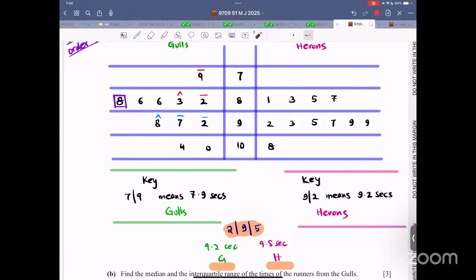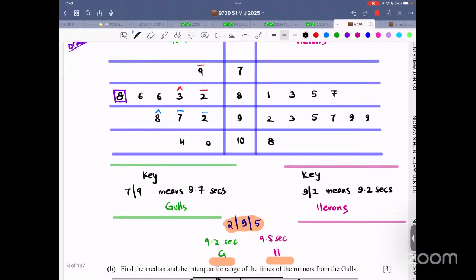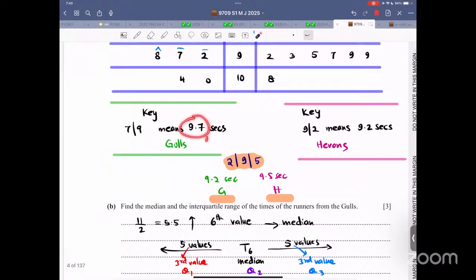That is 9.7 seconds. Let me just correct myself, I made a small error over here. For the gulls, 7/9 means 9.7 seconds. And the key for the herons, let's say this is 9/2, that means 9.2 seconds. So I have done this correction over here.